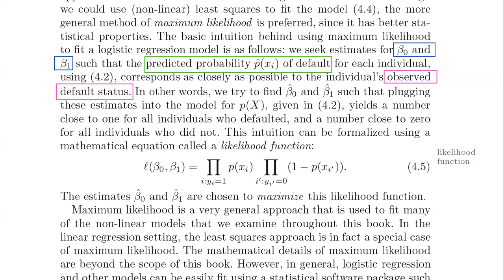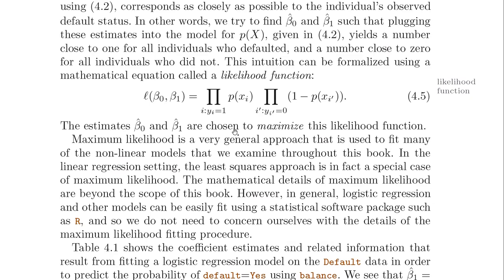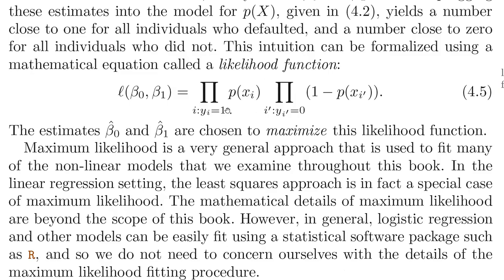This intuition can be formalized using a mathematical equation called a likelihood function. I think it looks more complicated than it is. It's easy for me to say that, but it's actually quite simple.